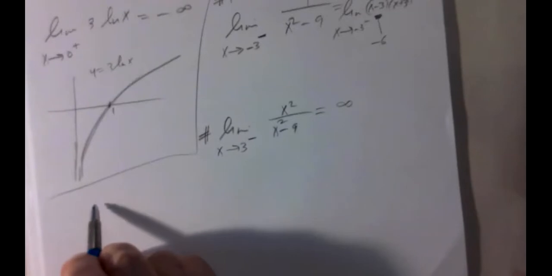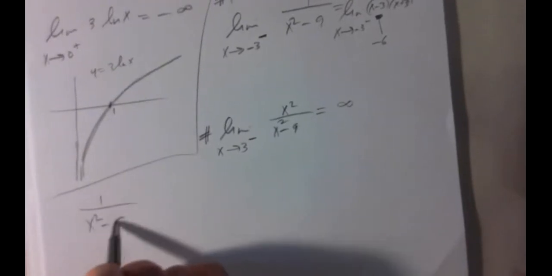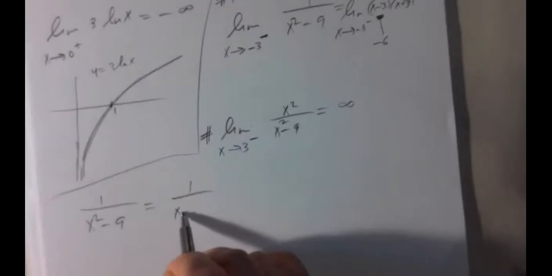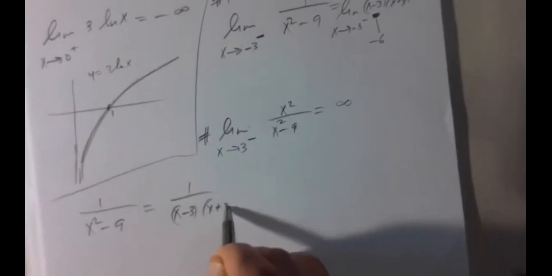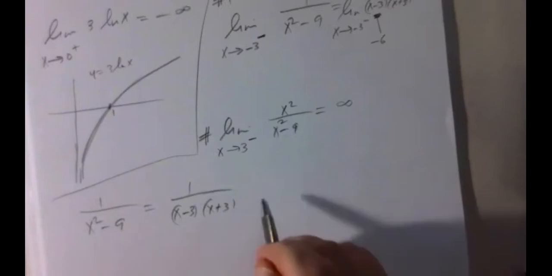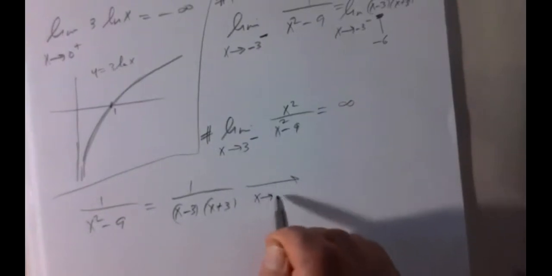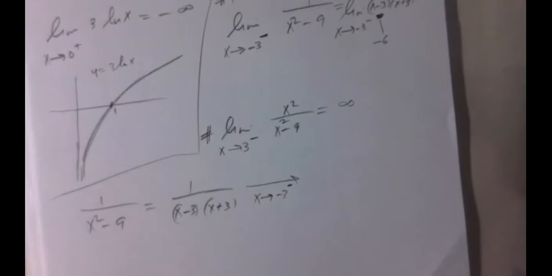Yes. Could you explain number 9 again? So 1 over x squared minus 9 is 1 over (x minus 3) times (x plus 3), right? And we want to take the limit as x goes to minus 3, but from the left. Whether you approach -3 from the right or the left, x minus 3 is going to -6 as x approaches -3, so this is going to be negative.